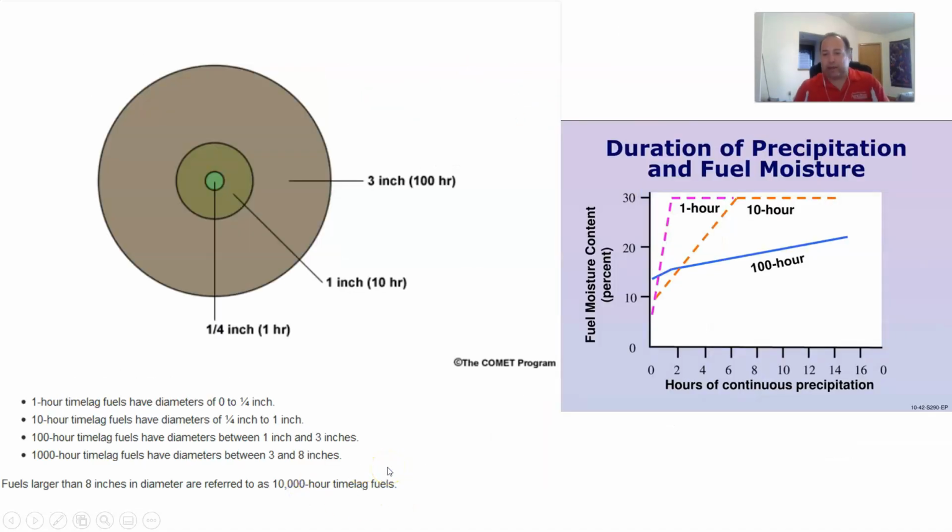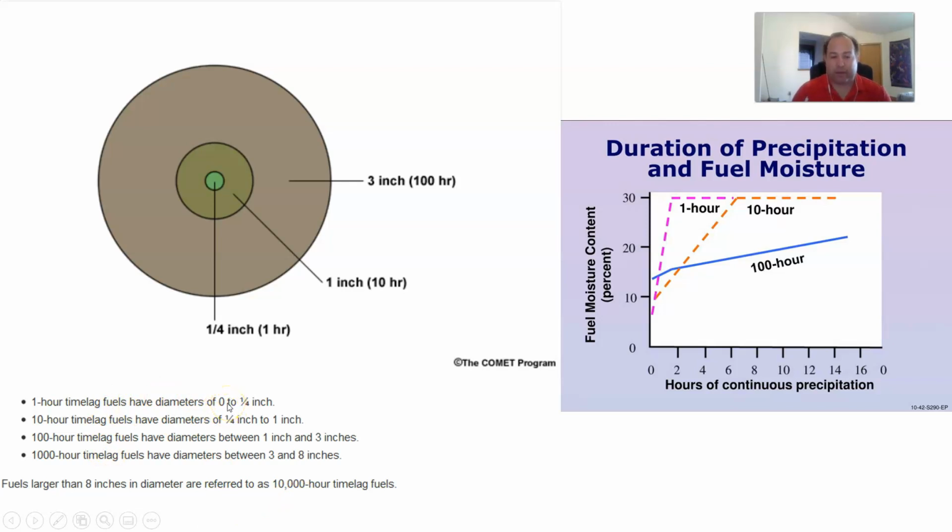And so what we come up with is 1 hour fuels, 10 hour fuels, 100 hour fuels, 1,000 hour fuels, and 10,000 hour fuels as our 4 or 5 categories, depending on how you want to look at it. I don't talk too much about 1,000 hour or 10,000 hour fuels because the smaller stuff is more important, as it's the stuff that gets studied more.